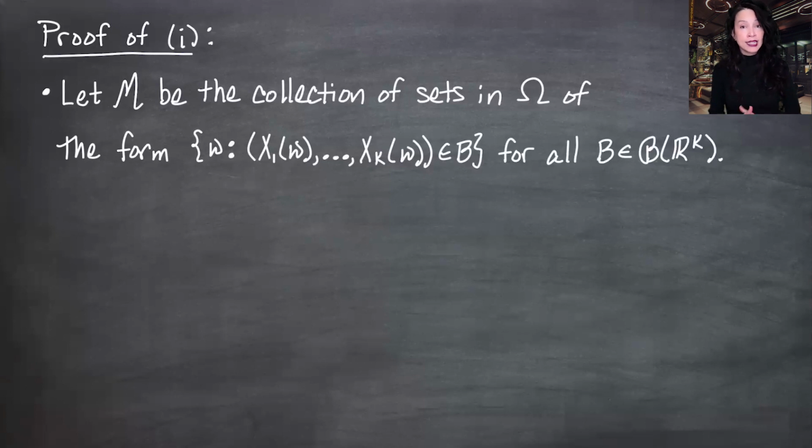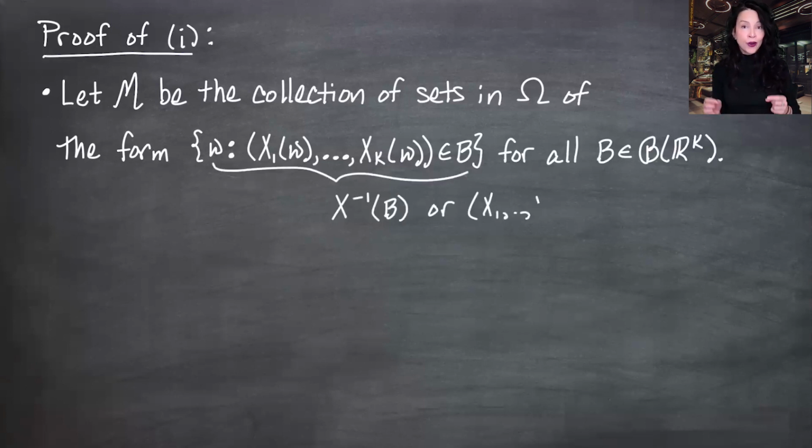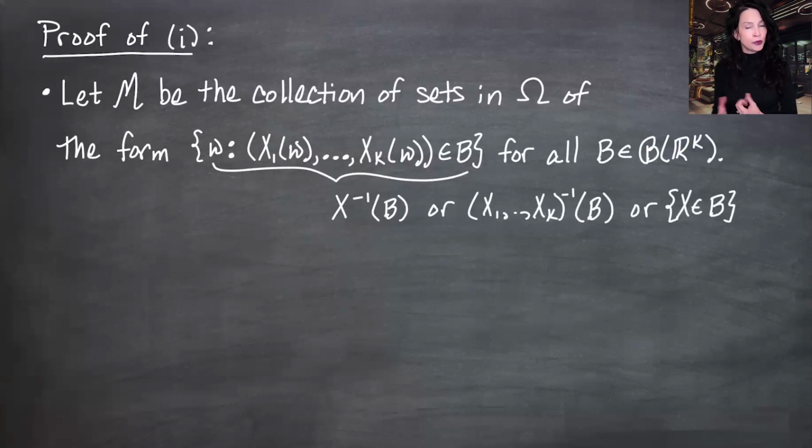We can just write this as x inverse of B, or x1 through xk inverse of B, or even like an open bracket, capital X is in B, close bracket, and there are other ways to write this. I usually like to pick something and stay consistent, but I do think it's really important that we become flexible here and be able to move between these kinds of things seamlessly. So we're going to get practice starting now.